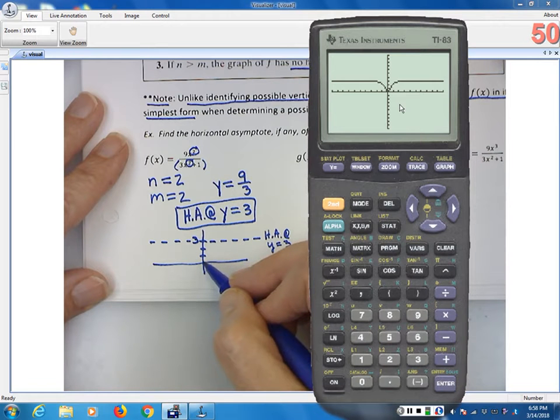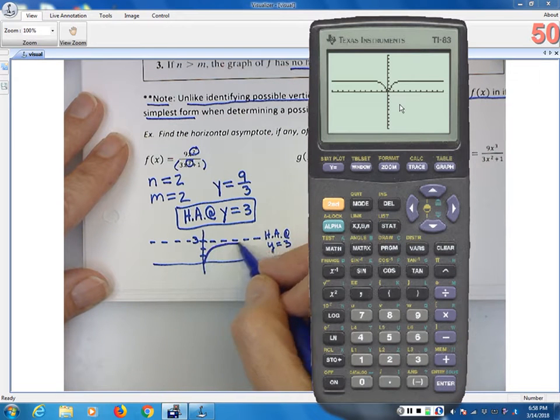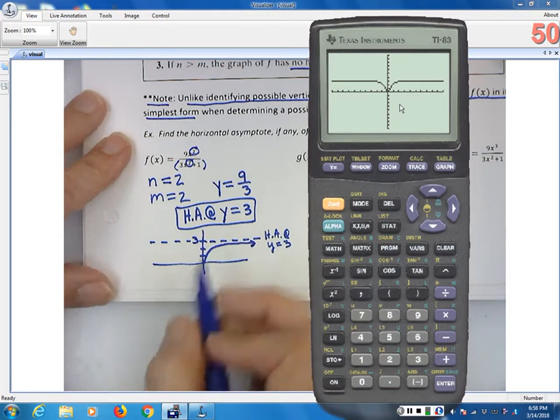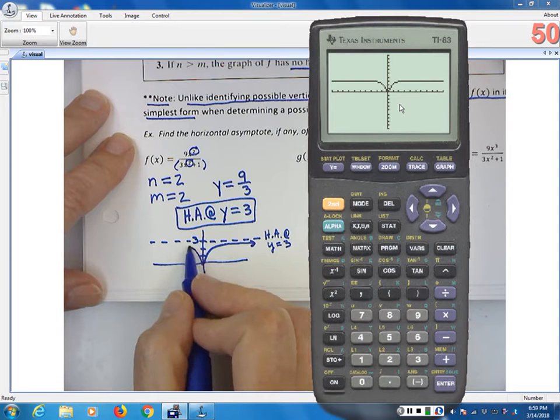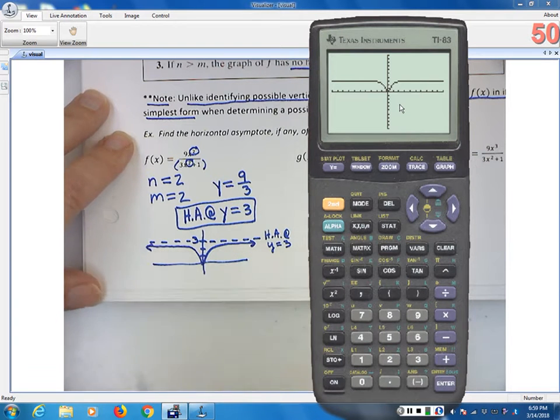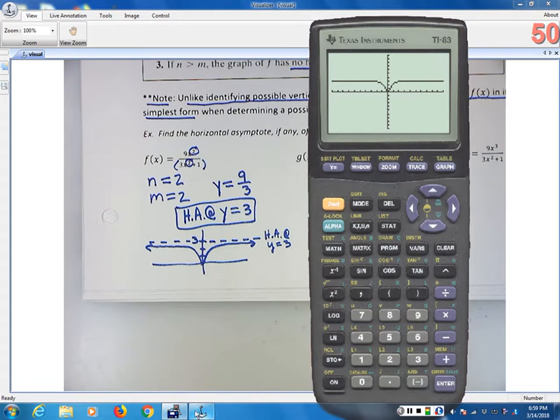I'm just doing a sketch. This will go like that, and this will go like that, and symmetrical. That's how you would draw it. It actually is not crossing the line y equals 3. Okay? Did you get that on the calculator?